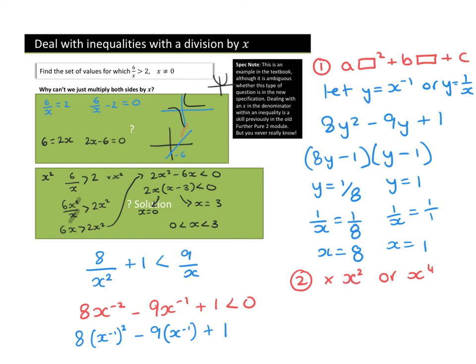So our original equation, 8 over x squared plus 1 is less than 9 over x. If I multiply that whole thing by x squared, I'm going to get 8x squared over x squared plus 1 times x squared, which is x squared, is less than 9x squared over x.